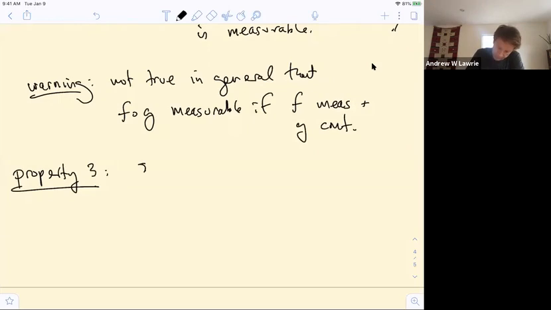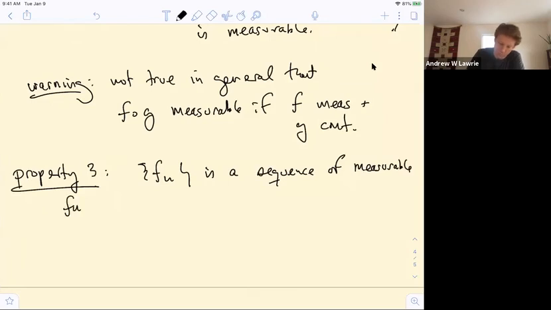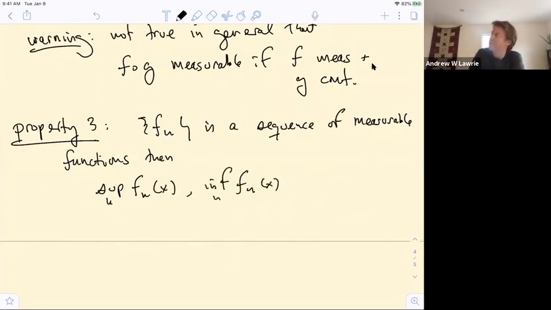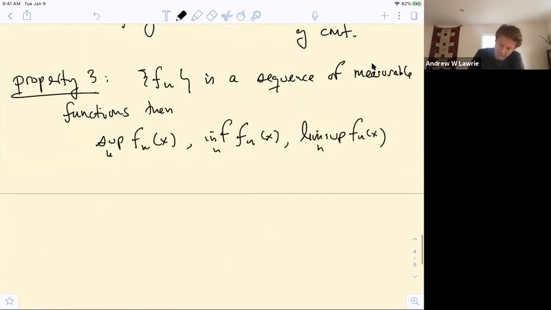So if fn is a sequence of measurable functions, then the sup, the inf of the fn's, the lim sup, and the lim inf are all measurable.